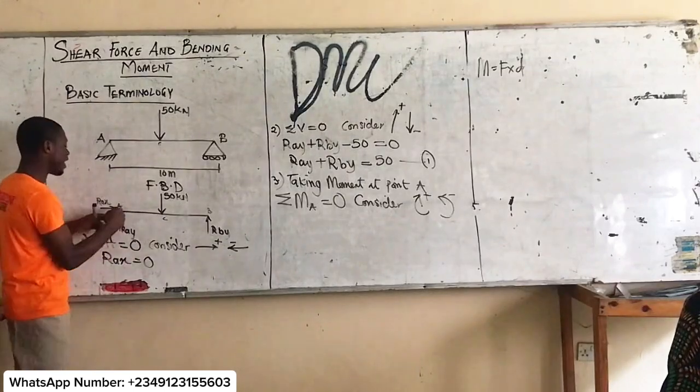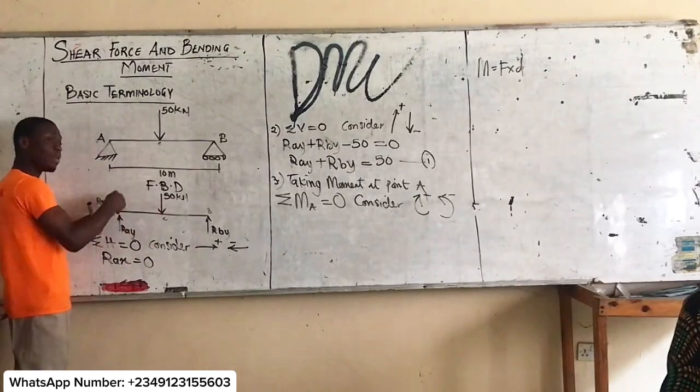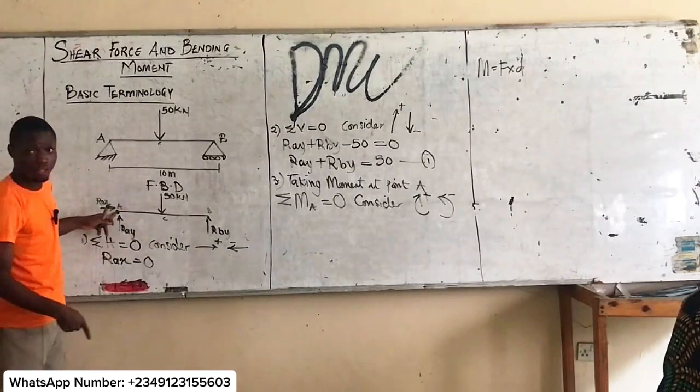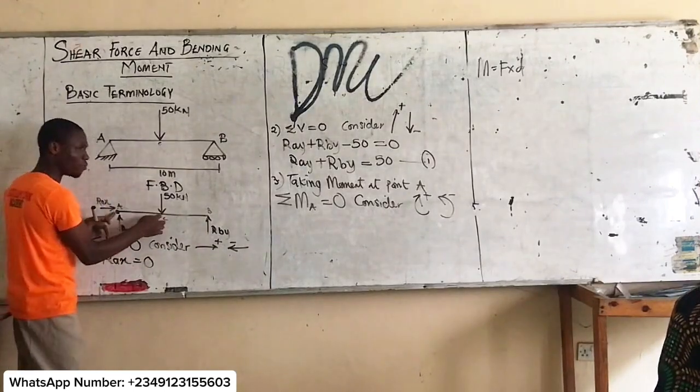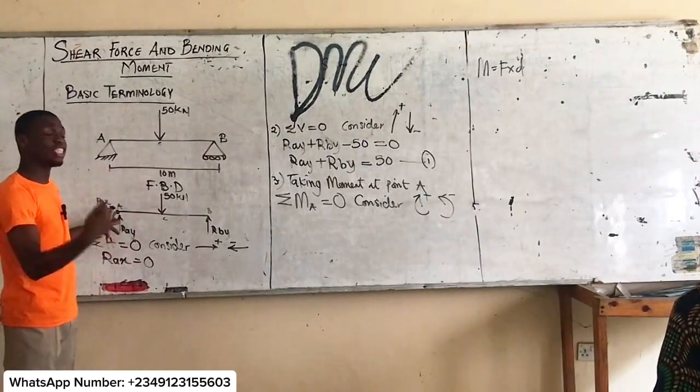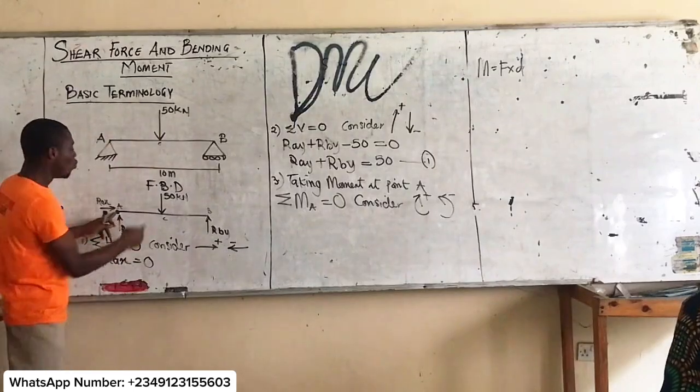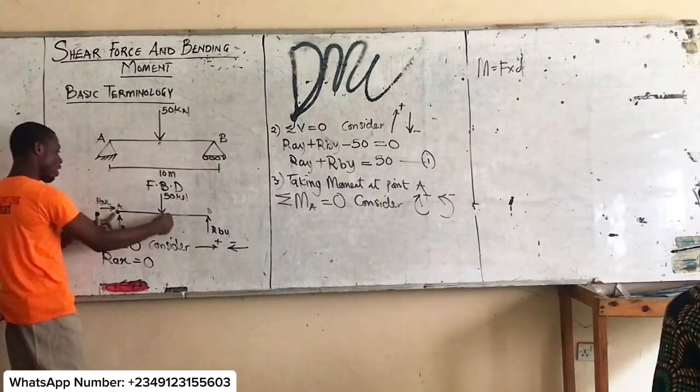The 50 will come here and check what's happening, and the other will also come and check. So for this one to move, we are considering the fastest way. Will this one move like this or like this?